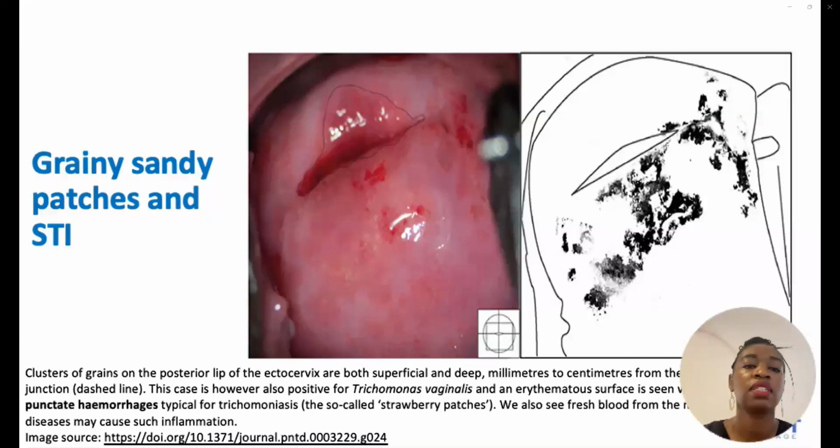And this is very characteristic, giving the clear picture of a strawberry cervix that's very common whenever you have Trichomonas vaginalis infection. So this patient actually had a co-infection of both STIs as well as Trichomonas vaginalis.